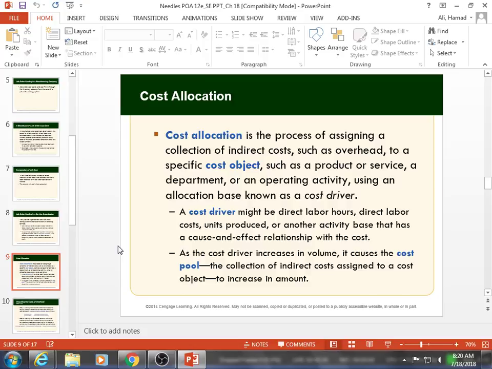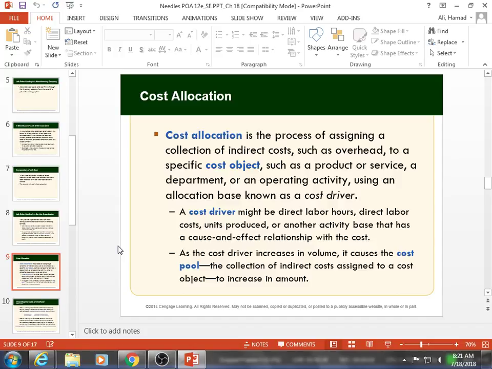What causes the cost to occur, to happen? So you identify cost drivers, and then you allocate the cost to those drivers. A driver might be direct labor, units produced, or different activities. Those are cost drivers.